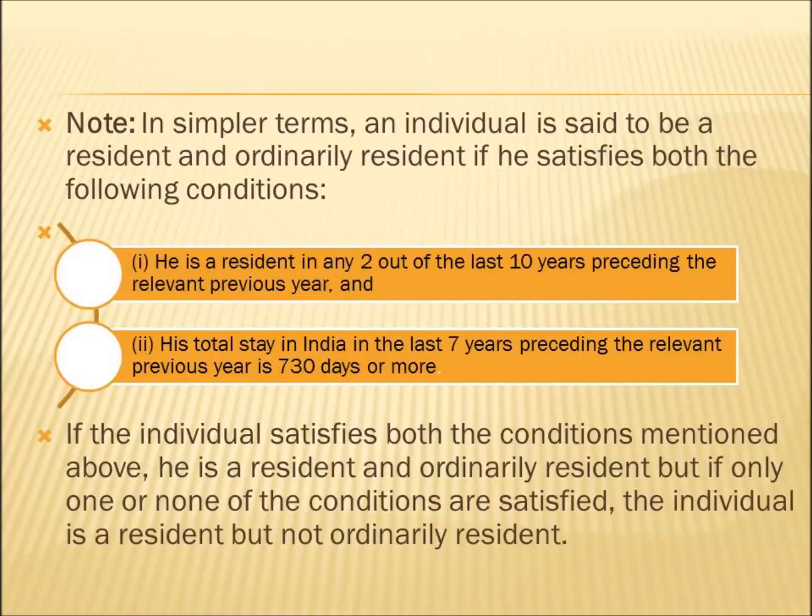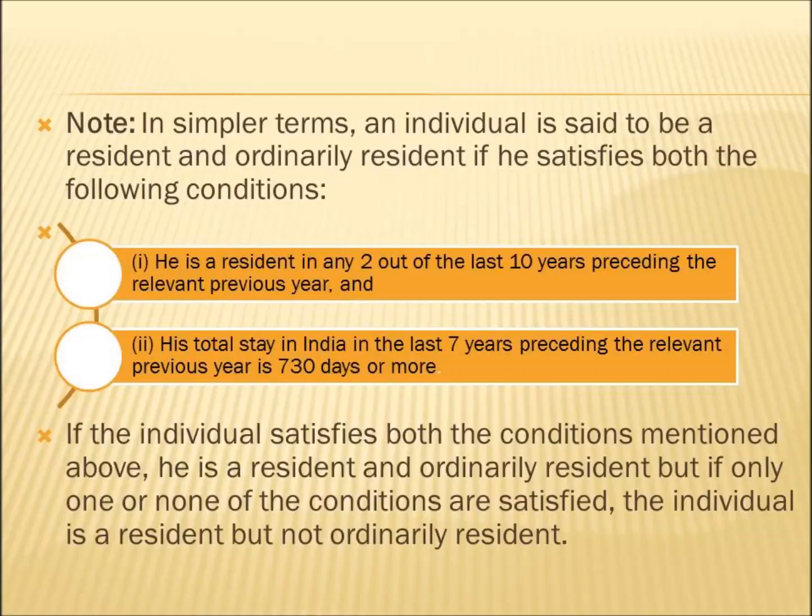Condition number 1 is the opposite of that: he is a resident in any 2 out of the last 10 years preceding the relevant previous year, and his total stay in India in the last 7 years preceding the relevant previous year is 730 days or more.